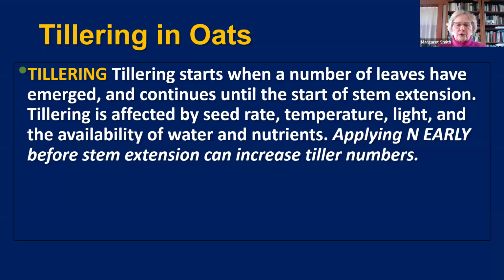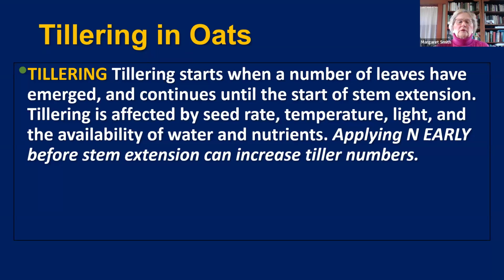A lot of this is true for plant growth in general. But with tillering, you will get more tillers with cooler temperatures, plants growing through the stages. There needs to be light at the base of the plant. And of course, we need to have available water and nutrients.